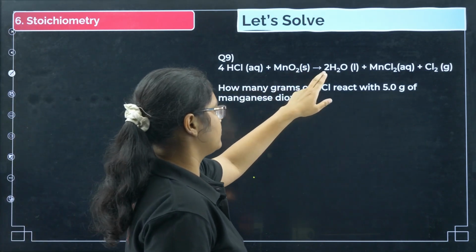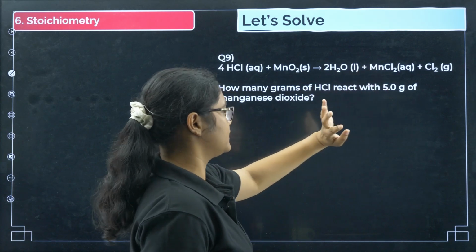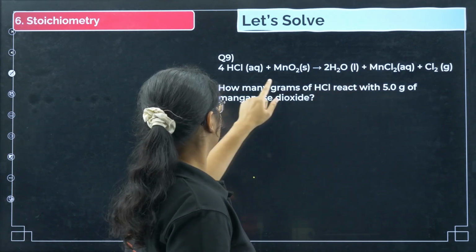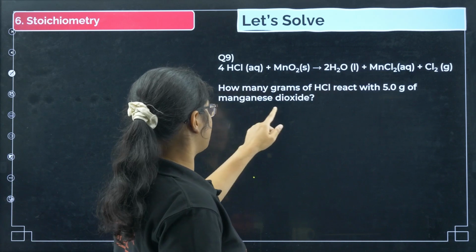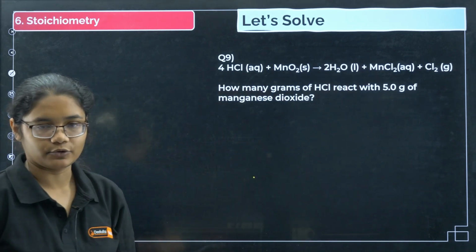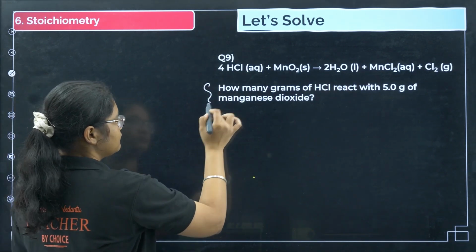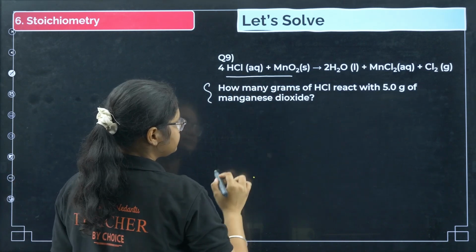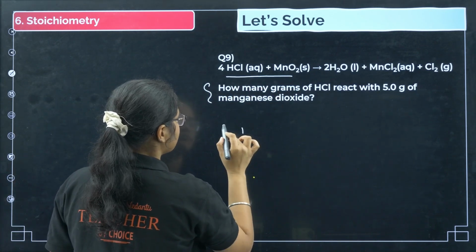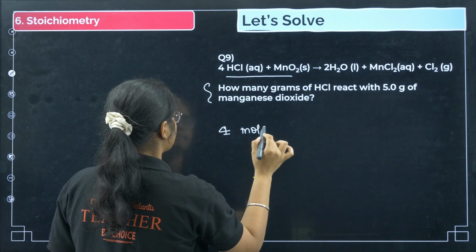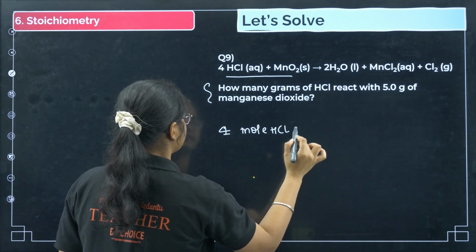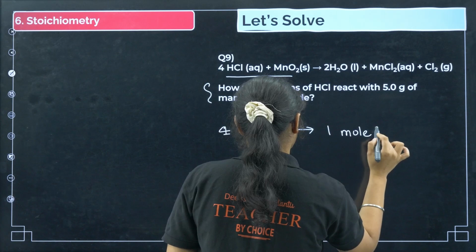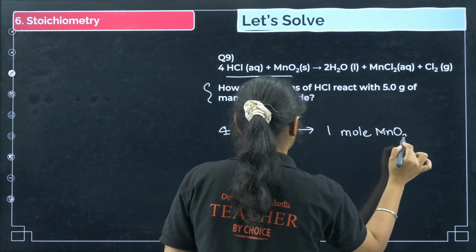Now we will see one question here. 4HCl plus MnO2 gives 2H2O plus MnCl2 plus Cl2. How many grams of HCl react with 5 gram of manganese dioxide? This type of question is very simple. I can say from the balanced equation that 4 moles of HCl react with 1 mole of MnO2.